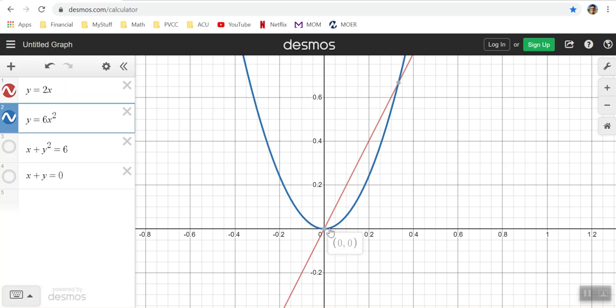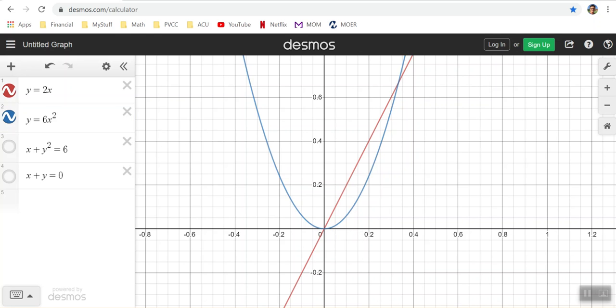So we can see that the area bounded by them starts at this point right here at 0, 0, and goes up to this point right here, which is 0.333. I'm going to use that as a fraction, 1/3. And so that's what we really need, are the x values. So the bounds on the x-axis are from x equals 0 to x equals 1/3.